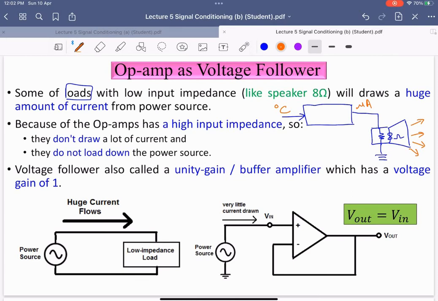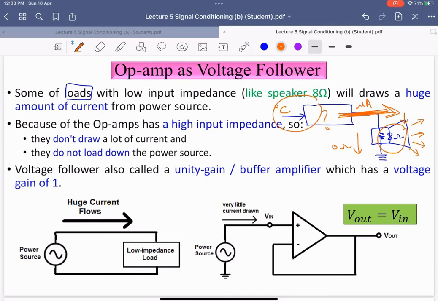Maybe at that time the resistance is micro-ohm. Because the load has very low input impedance, it can go down to 0 ohm, so it will draw a lot of current here. That means you will lose some of the data. Maybe at that time you cannot activate the speaker, because your sensor cannot convert it into current anymore.